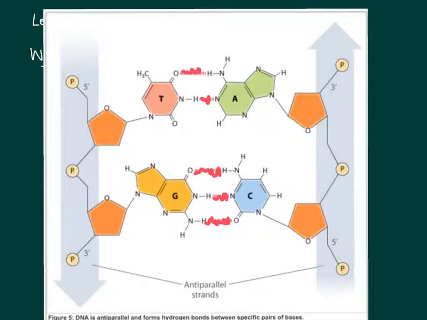It occurs between an element that really loves electrons. We call that electronegative. So an element that really loves electrons and hydrogen on a nearby molecule. If I paired guanine with adenine, yes, we would have an oxygen up at the top that lined up with a hydrogen.